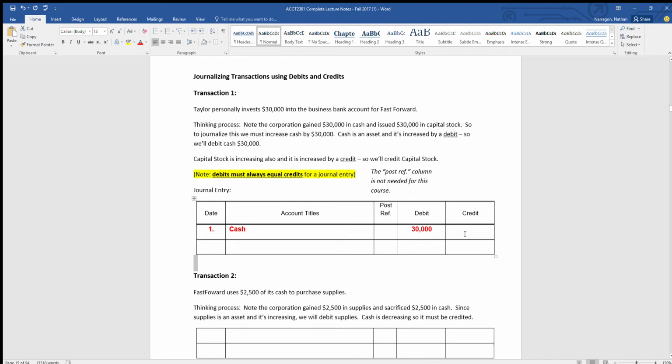Since we already know we have a debit and we know that debits and credits must equal, we know that it's going to be a credit of $30,000. We're only dealing with 2 accounts, and since it already stated which account we're using, it's going to be common stock.